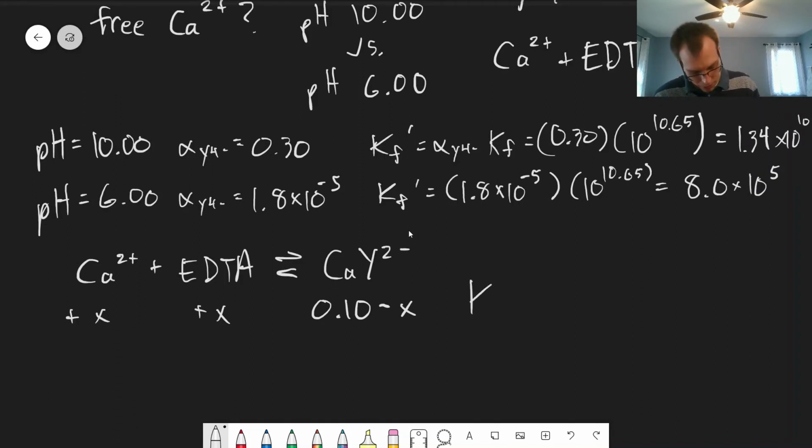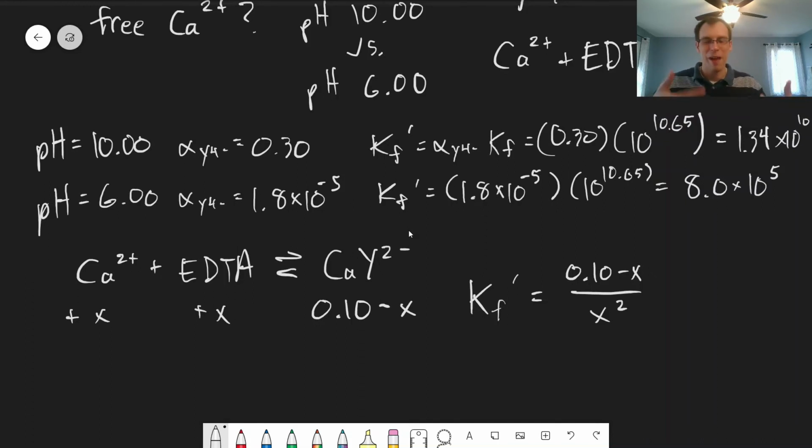But we can then use the definition of Kf prime and say, okay, we have the complex on the top, the concentrations of calcium 2 plus and EDTA on the bottom. So we can say we'll have 0.10 minus X divided by X squared. Now this looks a little bit different than our acid-base equilibria because of the way that the equilibria is defined.